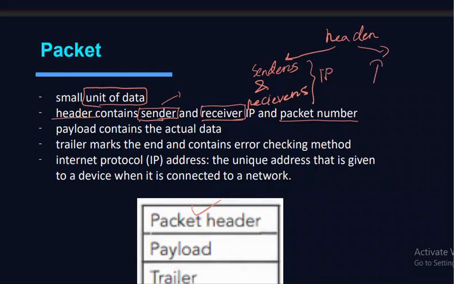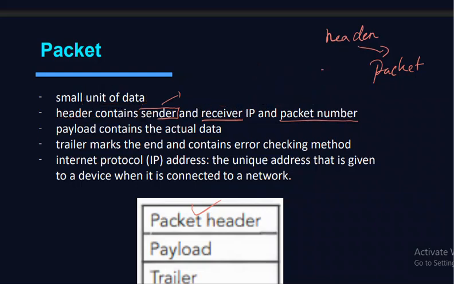So the IP plus the packet number are the header contents. Then here we have the packet payload, where we keep the actual details. The actual data is inside this packet payload, and the trailer marks the end.